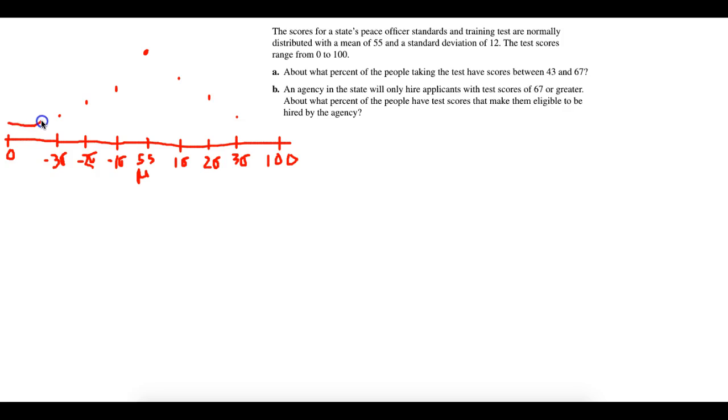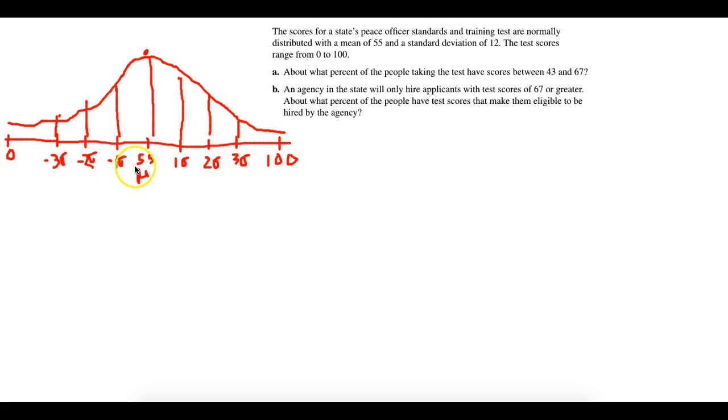So I'm going to attempt to draw this, and again, it's not going to be the prettiest bell curve, but it gives you the idea. So this is our bell curve, and we can go ahead and split this up into each of our sections right here. This is what you should be doing when you get a problem like this. You're going to want to split this up and identify the percentage of each.